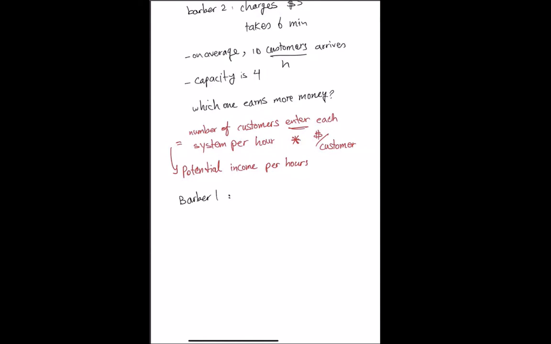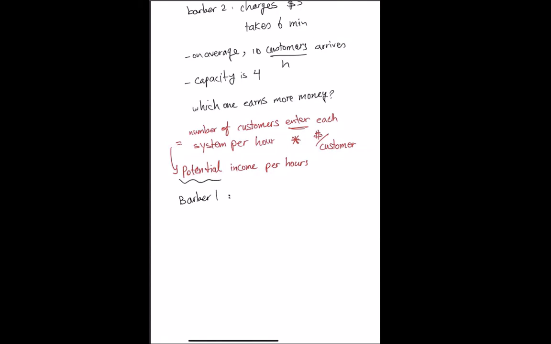We always have the possibility of arrivals and everything. Okay, gotcha. If it was a simulation, I could run it for 1 hour and find out how many people have left the system. That's why I said potential income per hour, because it's assuming I can finish all of them in 1 hour. But those are the people who have entered the system, so they will definitely receive the haircut and I will gain the money.